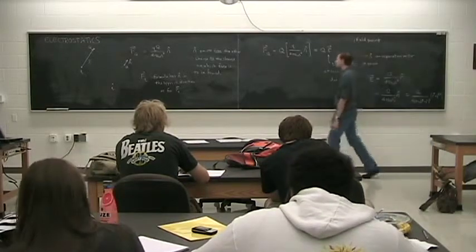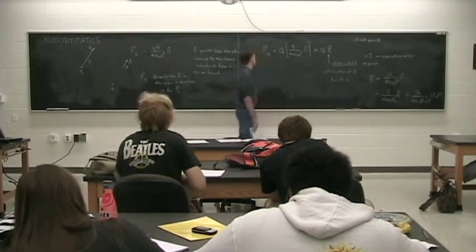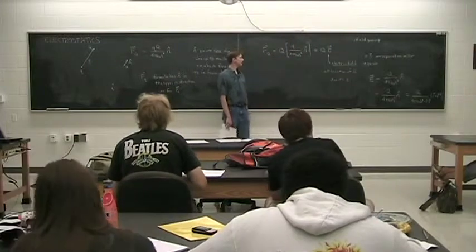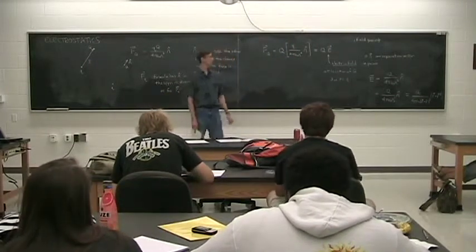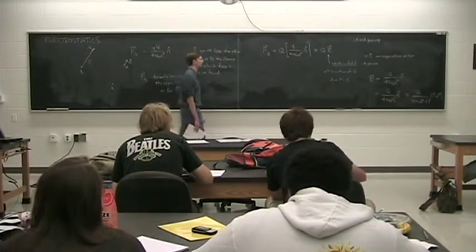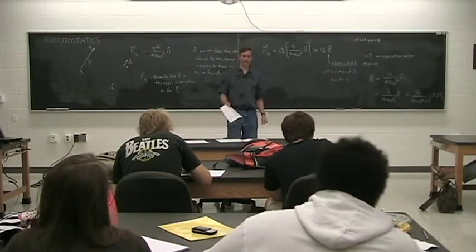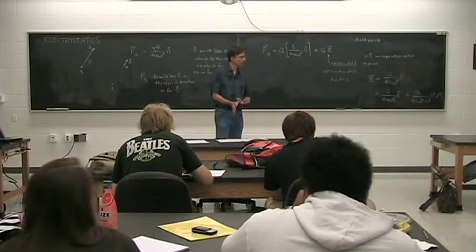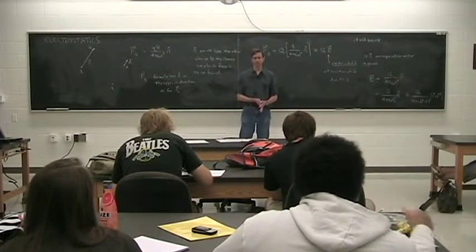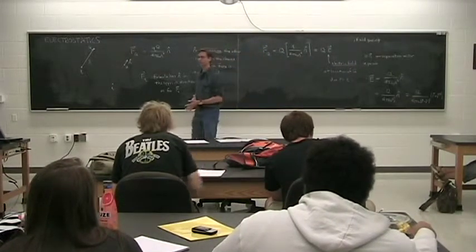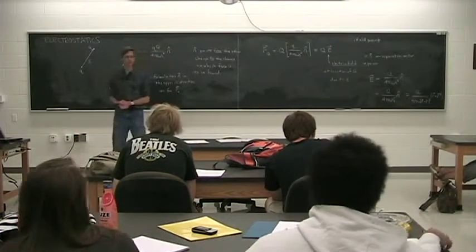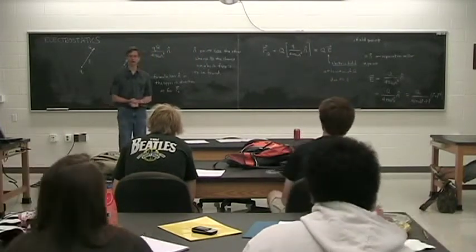So in other words, we say little q sets up an electric field around itself, given by little q over 4 pi epsilon naught r squared times r hat. And this solves the conundrum, if we're willing to believe that this electric field is real, of how the charges know one another are there.